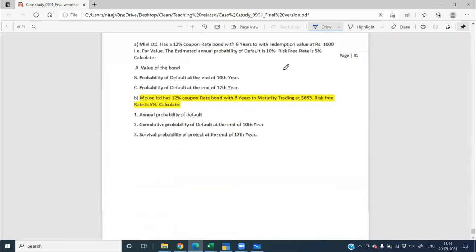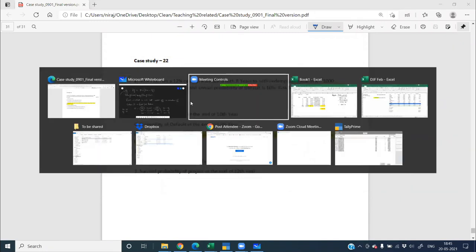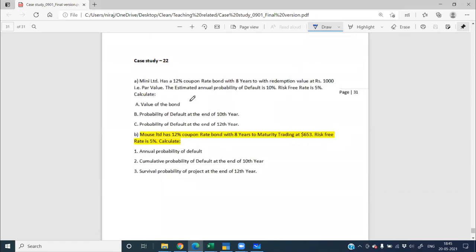Okay. Sum number 22. This is also called RADR, risk adjusted discount rate. No sir, that is something else. That is called CE, certainty equivalence. Yeah, this is certainty equivalent approach बोलते हैं इसको. Okay, Mini Limited has 12% rate bond for 8 years.